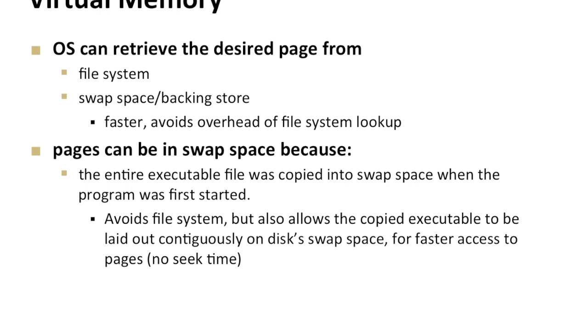Essentially, the file system stores things such that we don't know where they are and we have to look it up. So we'd have to seek to find that page in the file system, but if we've laid it all out in swap space as linear, then we can jump to it quickly.